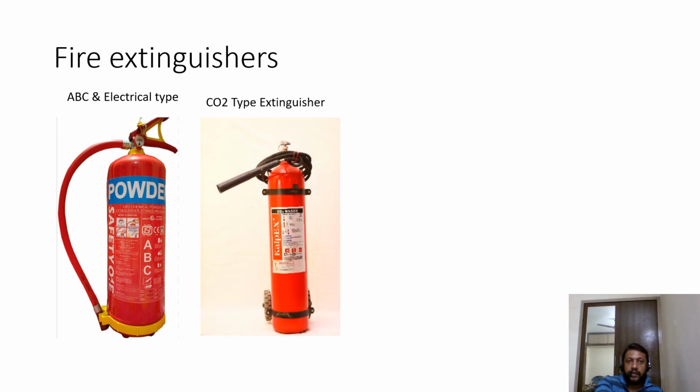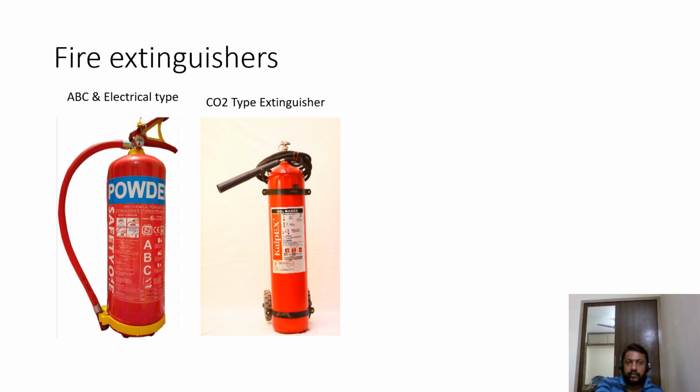Next is the carbon dioxide fire extinguisher. This is how it looks. As we discussed, a carbon dioxide fire extinguisher can be used, for example, if there is any electrical equipment available.